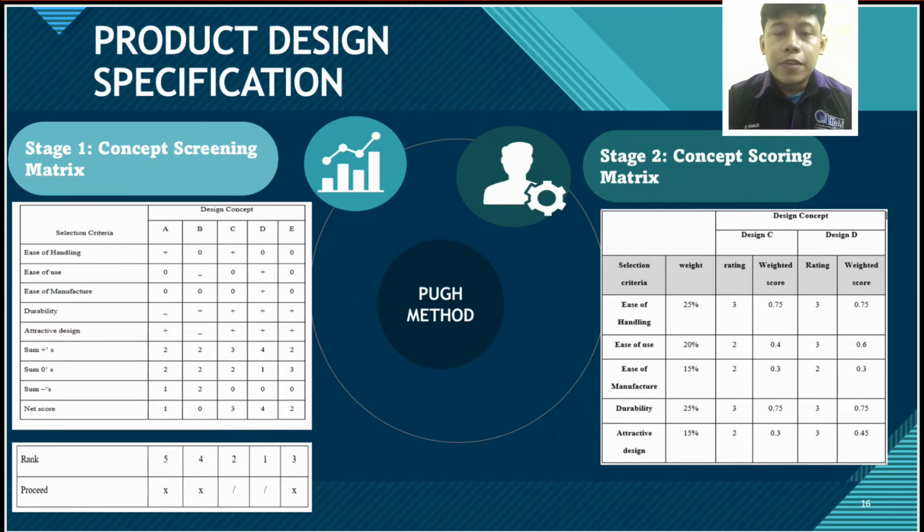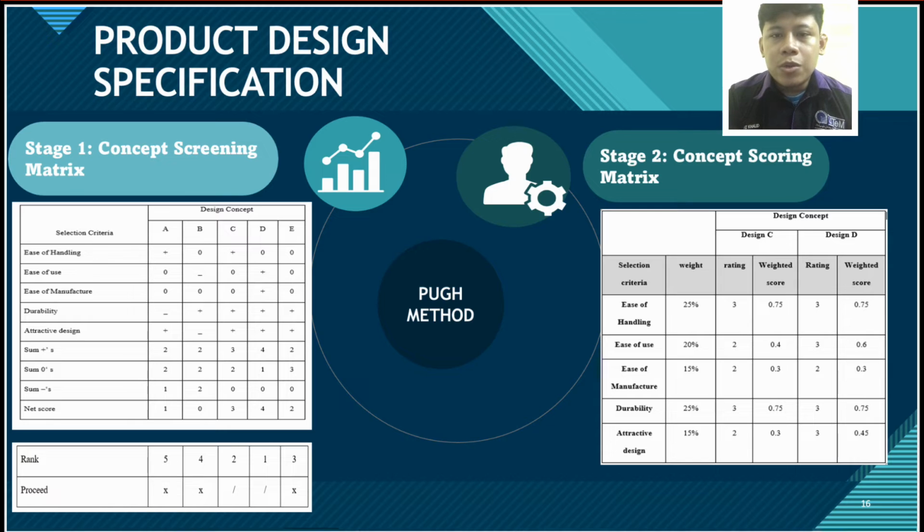This is the first stage for selecting the best design and criteria suitable for the development of the sand separation machine, also known as the concept screening matrix. The designs were selected according to many criteria such as handling, use, whether the product is easy to manufacture, whether it has enough durability, and also its design.